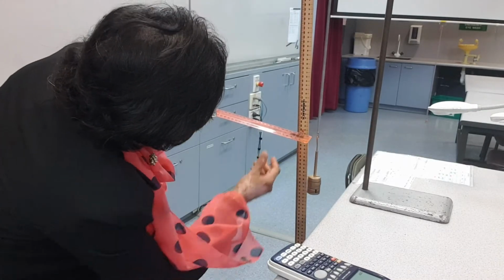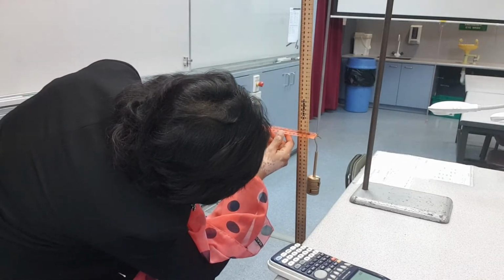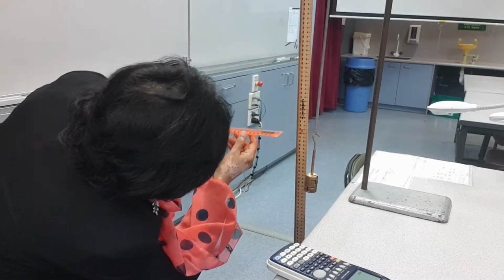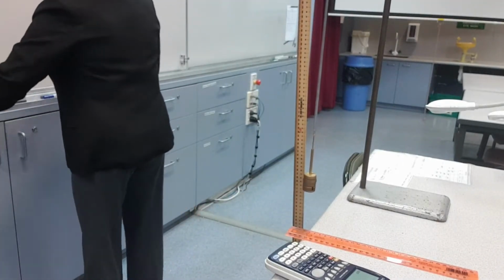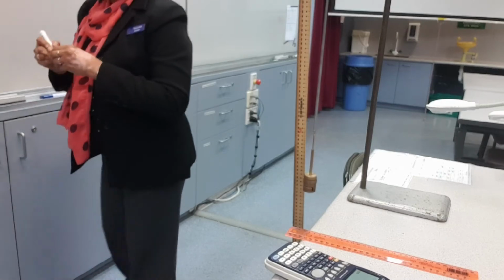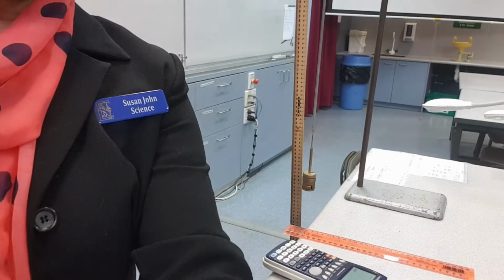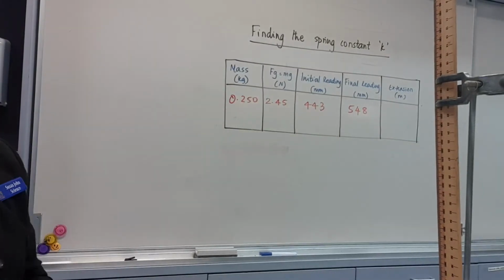So this is about 548, trying to avoid parallax error. So my new reading is 548 millimeters. I'm going to focus this on the board so that you can see what I'm doing. Let's project that correctly. Okay, there we go.